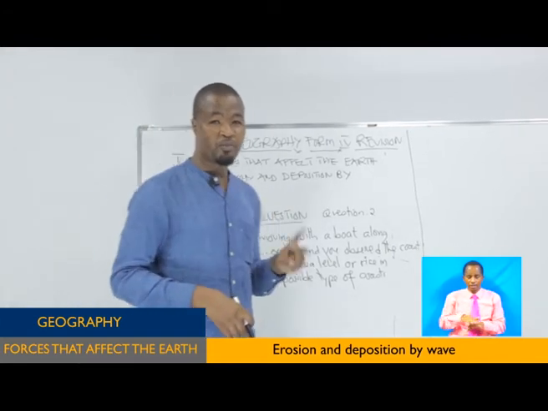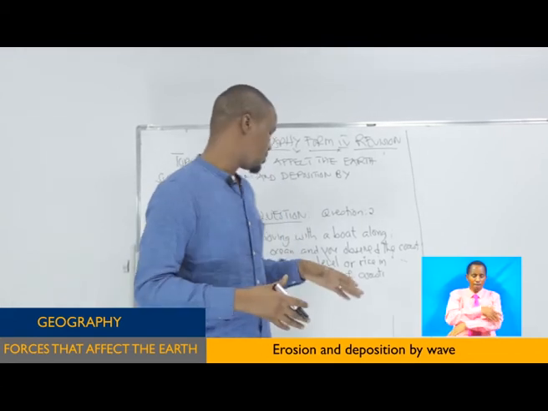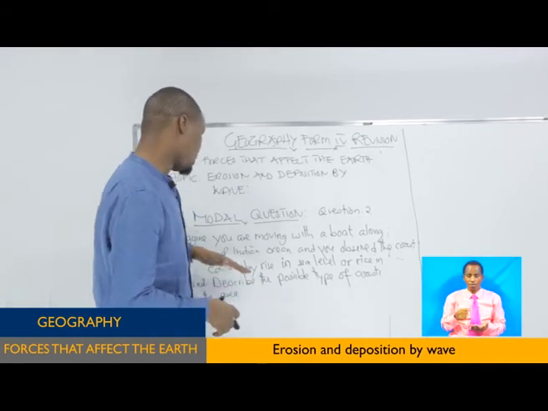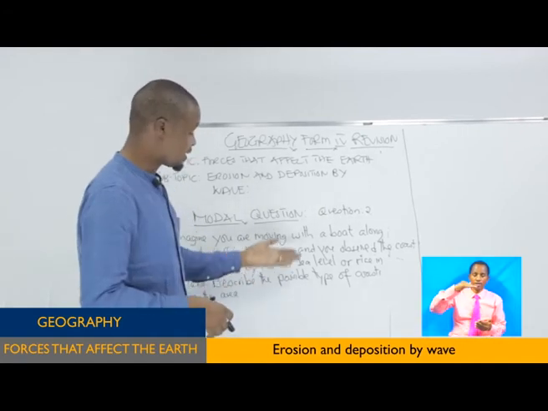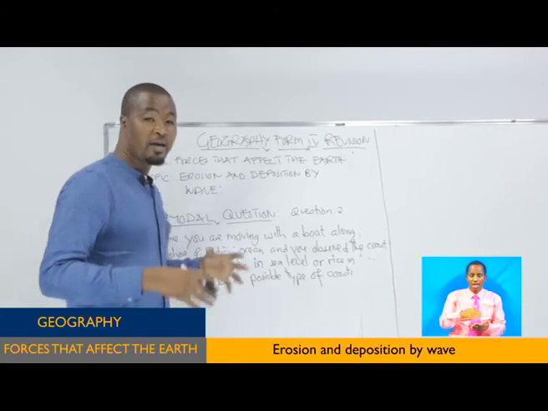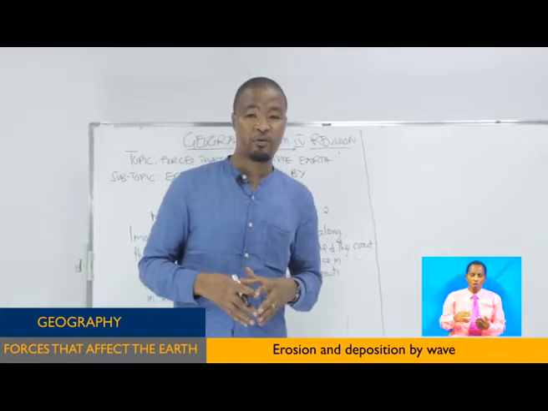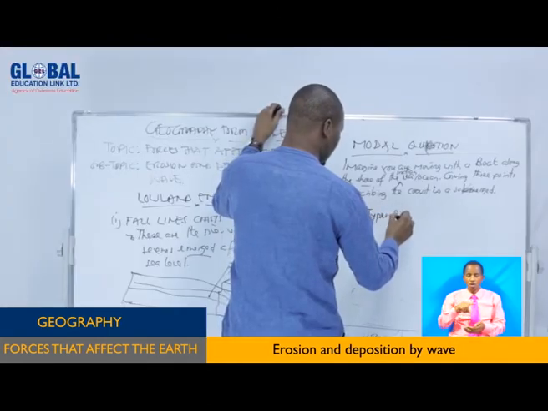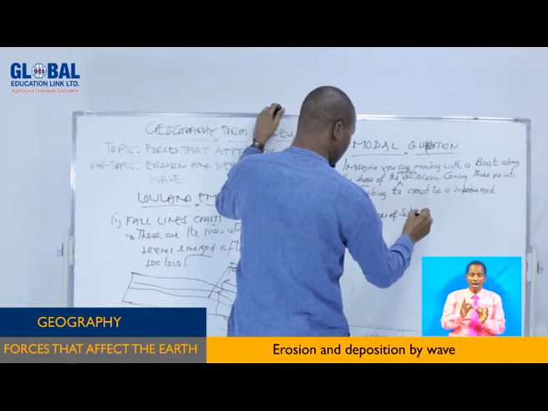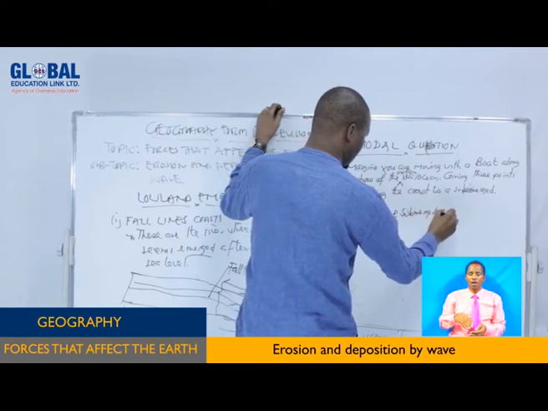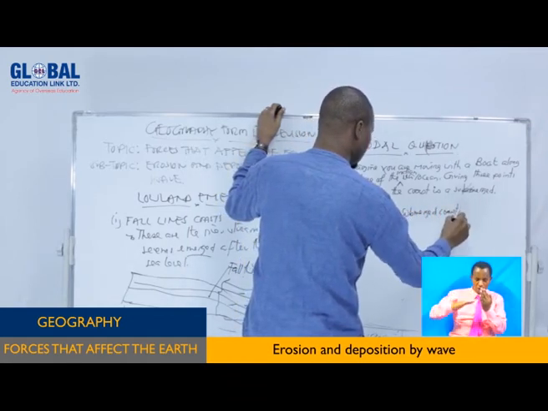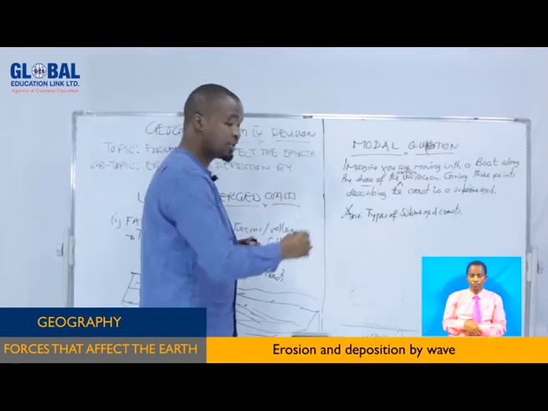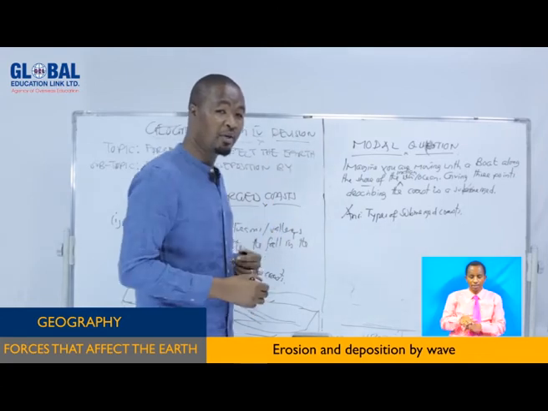It means the rise in sea level and the rise in land may have resulted in the formation of different types of coast. So the question needs to explain the type of submerged coast. So right here we will explain what is the submerged coast, just as I've explained before.